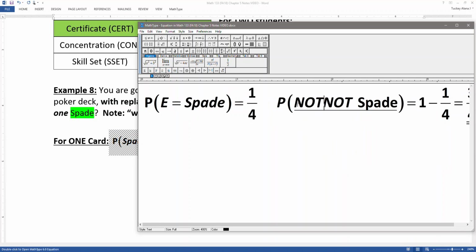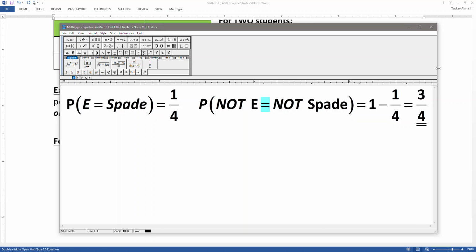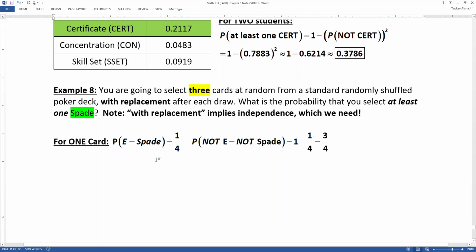So then not E would be equal to not a spade, which would be 1 minus a fourth, which is 3/4. So that's the probability of event E and event not E. In particular, we want to use the not E, the 3/4, because that's what we're going to raise to the power.